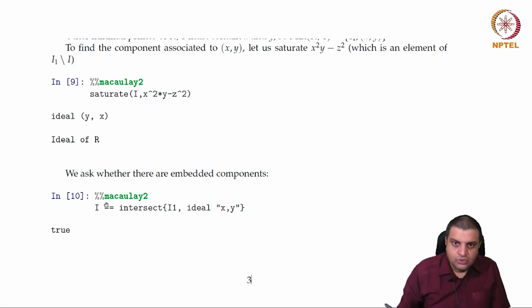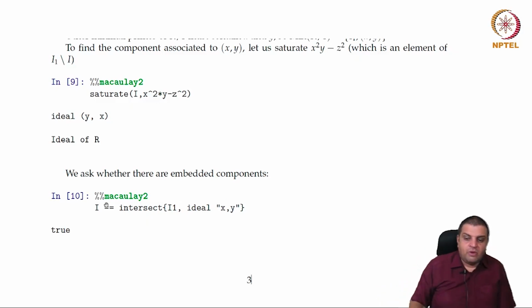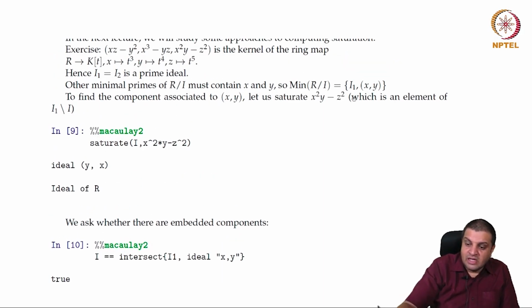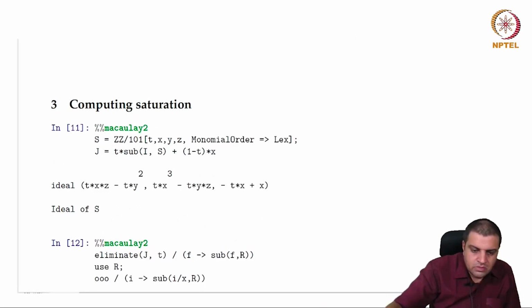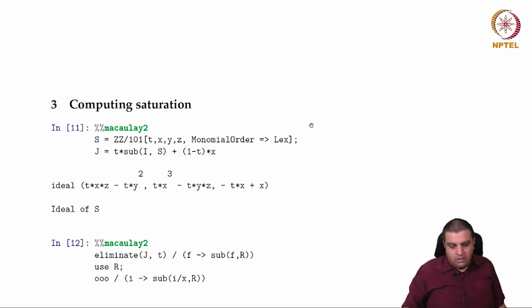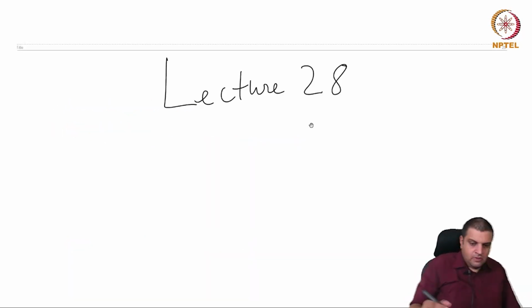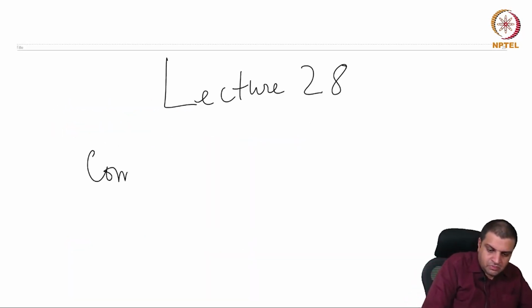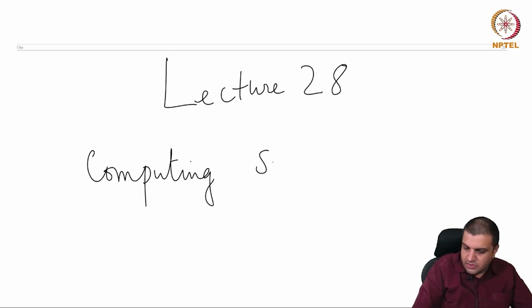And it says it is true, which means we have now found the primary decomposition, which is I equals I1 intersect x comma y. Okay, so this example we will discuss after we study some techniques behind computing saturation.